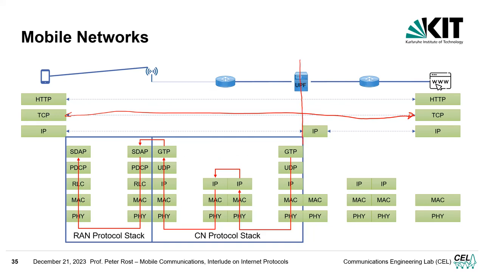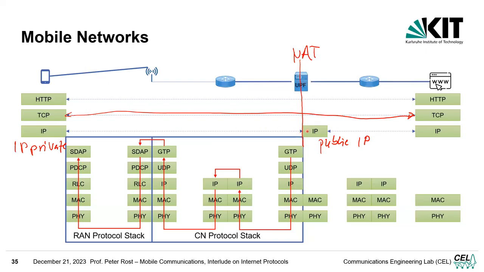Because this UPF here also performs NAT, the IP address that you have here on your mobile phone is actually a private IP address, and here you have a public IP address. If your mobile phone sends a request for a website, it establishes an IP connection to your UPF.